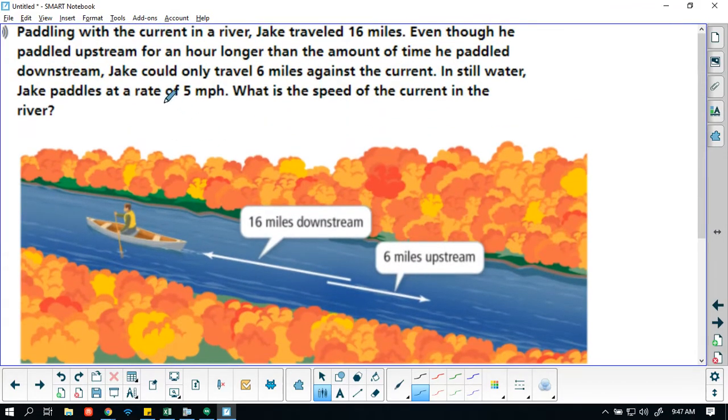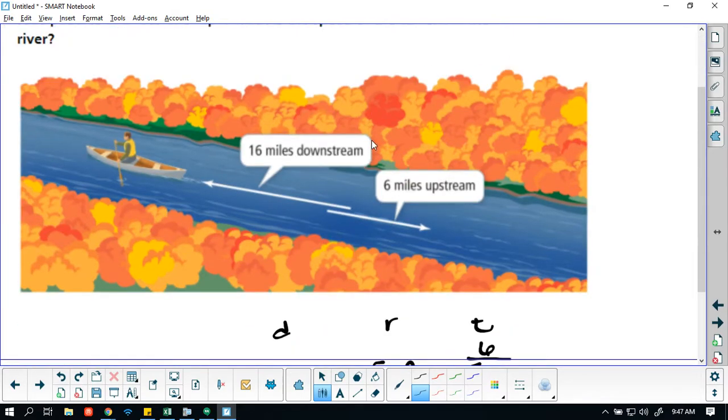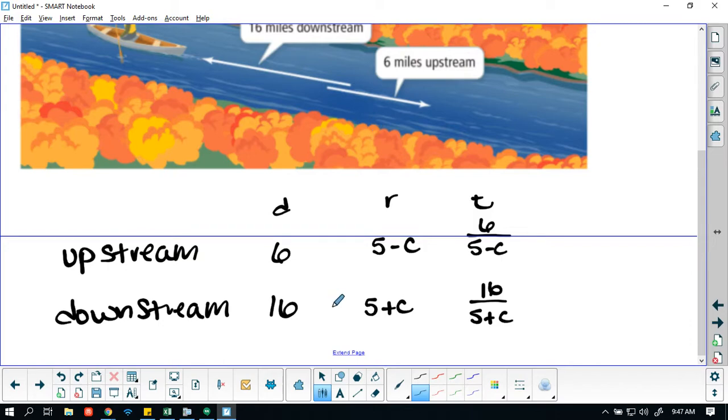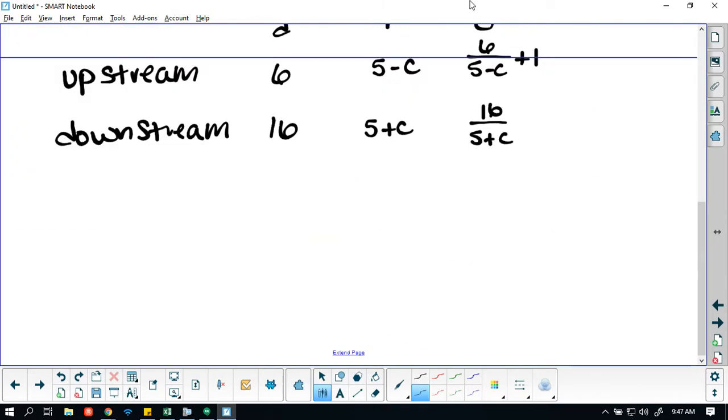And what we know is the time they took was, I believe, 1 hour. Even though he paddled upstream for an hour longer than the amount of time he paddled downstream. Oh, he paddled upstream for an hour longer than the amount of time he paddled downstream. So it took him an hour longer to paddle upstream than it did to go downstream.